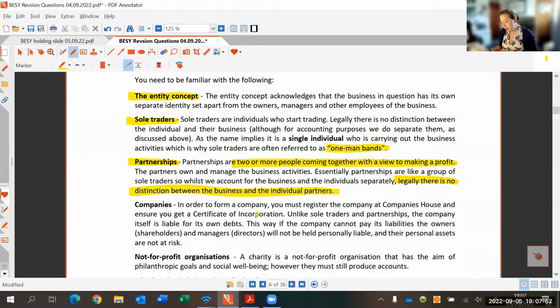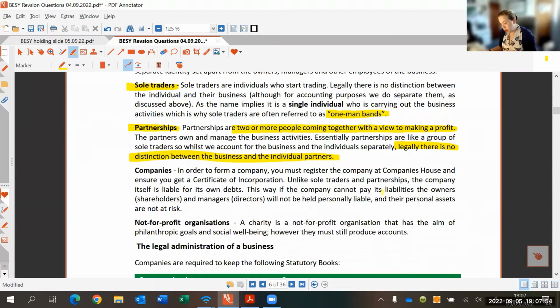Where we start to get that separation comes with our companies. So these are our limited companies or our public limited companies. They can either be private, and you'll see at the end of the company name, LTD or limited, and that means it's a private limited company. But you might also get public limited companies, which are your PLCs.